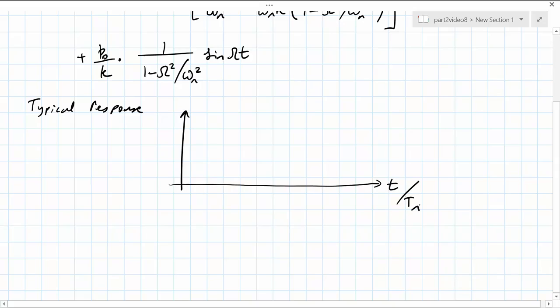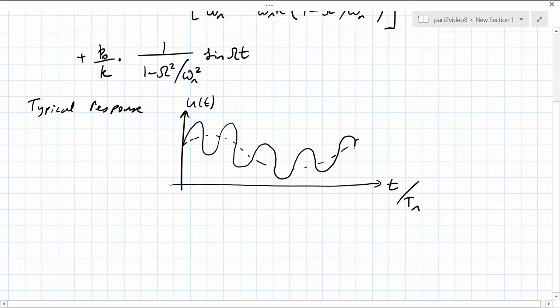Again, normalizing the time axis by the natural period. We have our steady state response shown by the dashed line and our transient response oscillating around this line by the solid line.